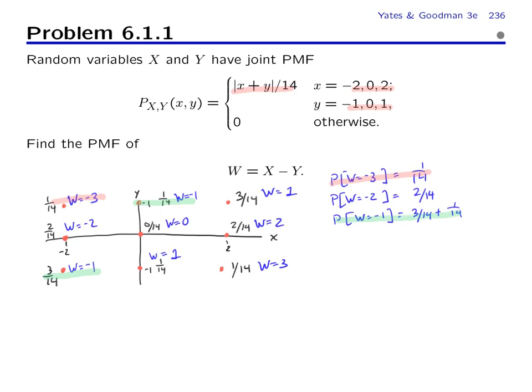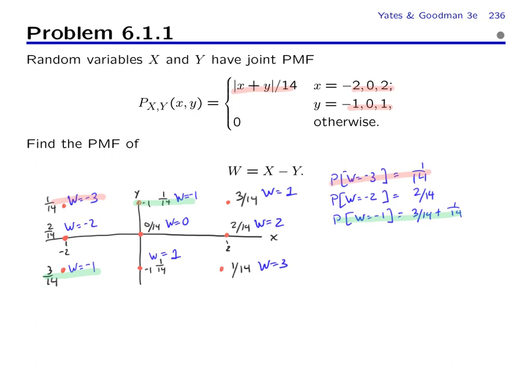And together you get probability w equals minus 1 is 4/14ths, or 2/7. So this is a good example of how to find the probability w equals minus 1: we find all of the xy pairs such that the function of x and y, this g of x, y, is equal to that value of w, in this case, minus 1.